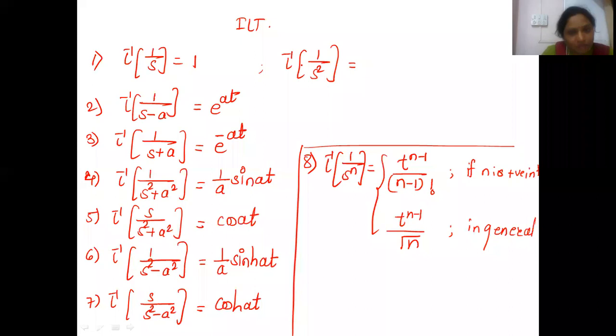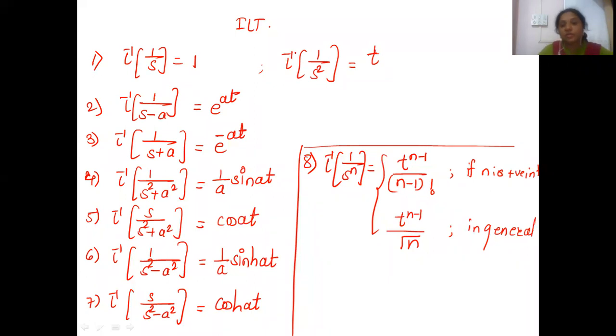Can you now tell me Laplace inverse of 1 upon s square? Use this. For 1 upon s square, n is 2. So t raised to 2 minus 1 upon 2 minus 1 factorial. t raised to 1 upon 1 factorial is t. So Laplace inverse of 1 upon s square is t.